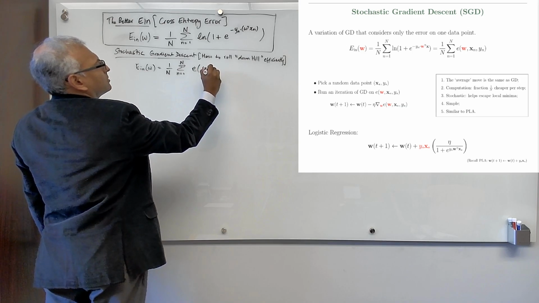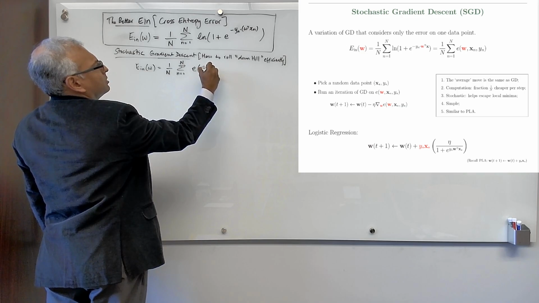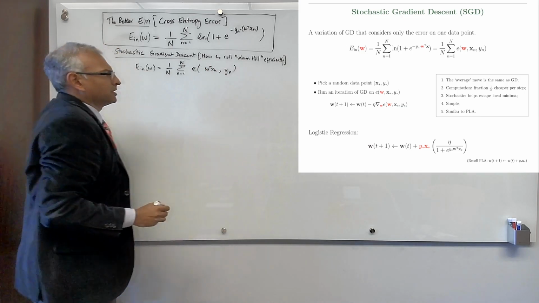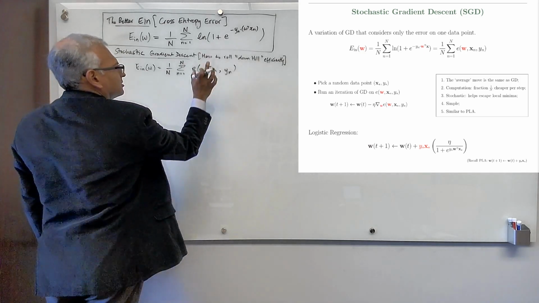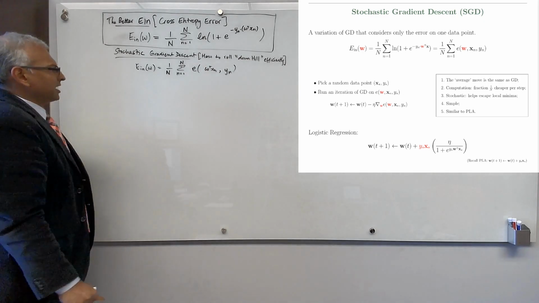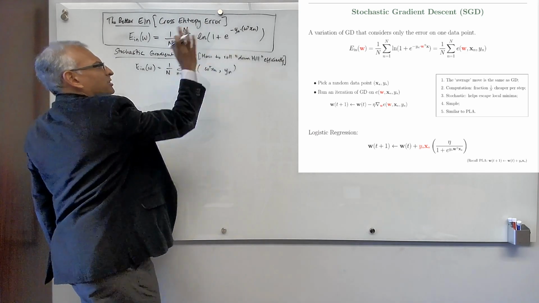It's an error between W transpose xn and yn. It's an error term that depends on W, xn, and yn. And when you compute the gradient, you compute essentially the gradient for all these little error terms.